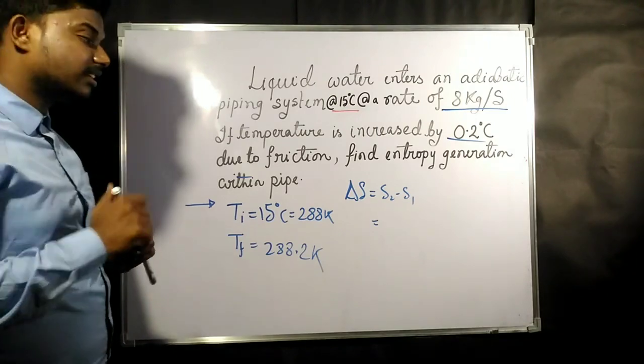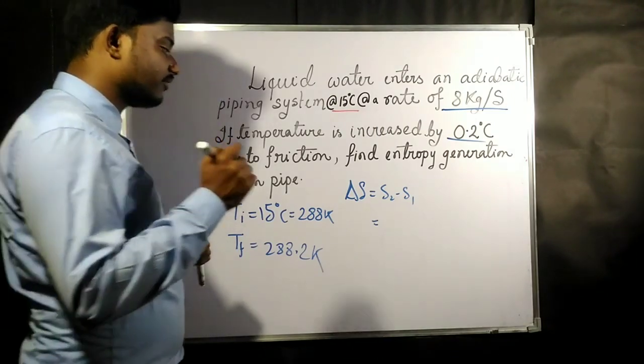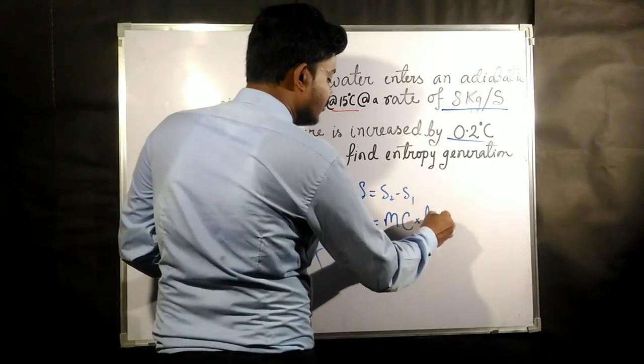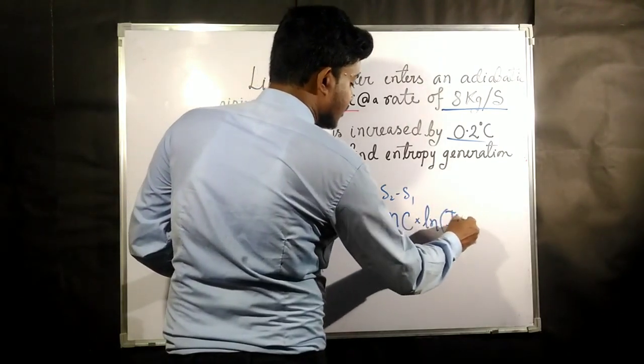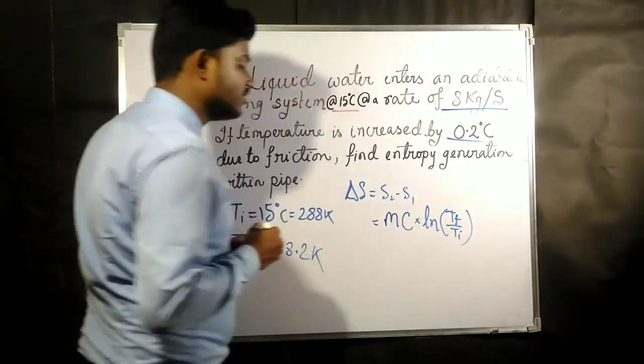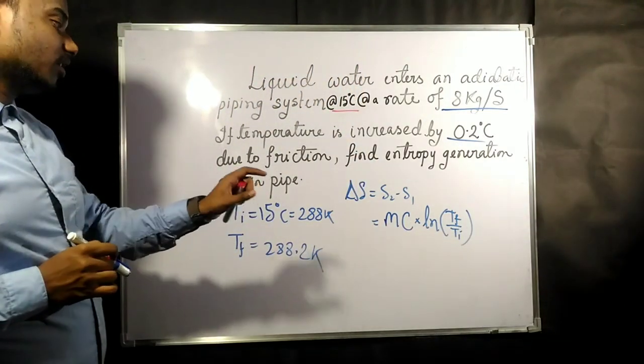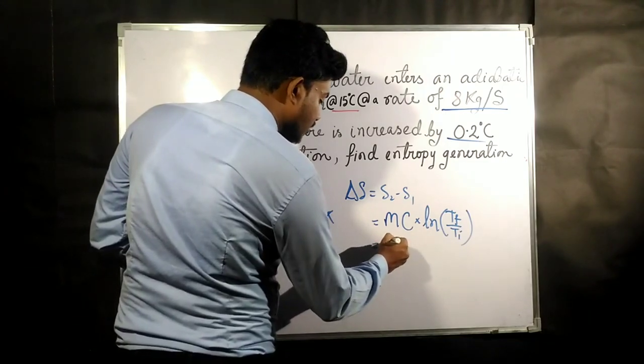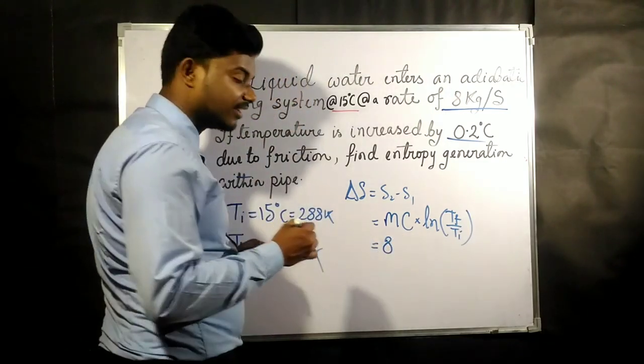For this we have derived a formula: the entropy change is m into c into ln of T final by T initial. The mass flow rate they have given as 8 kg per second.